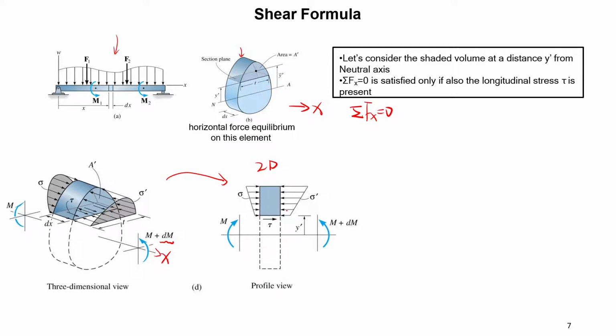On the right hand side, let's assume some stress that is not exactly the same, because we have a shear stress here. If we consider the force generated from the horizontal plane, these three contributions have to add up to equal 0.